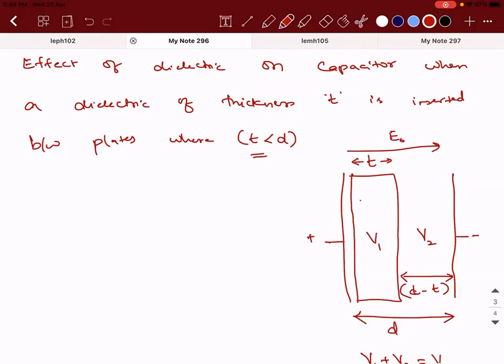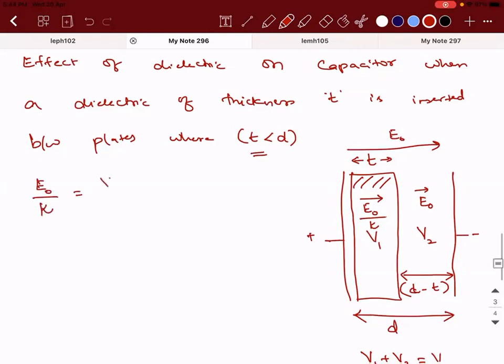Then in this space, how much is the electric field? This is a dielectric. So if the outside electric field is E naught, what will be the electric field inside? E naught divided by kappa. And here it is still E naught. Accepted? Right. So can I say E naught divided by kappa is equal to V1 divided by T?